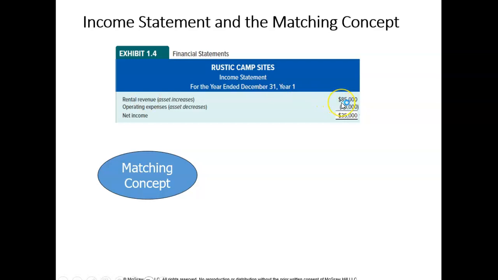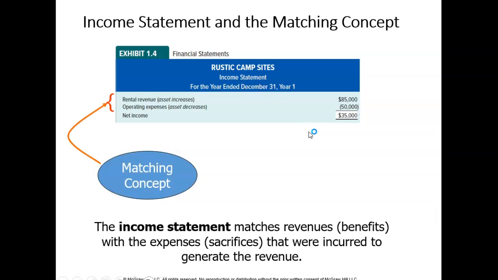This statement shows the revenue that was earned by the company. Remember, they earned $85,000. It shows the operating expenses of the business. They total $50,000. Because the revenue was more than expenses, they earned a profit known as net income in the amount of $35,000.